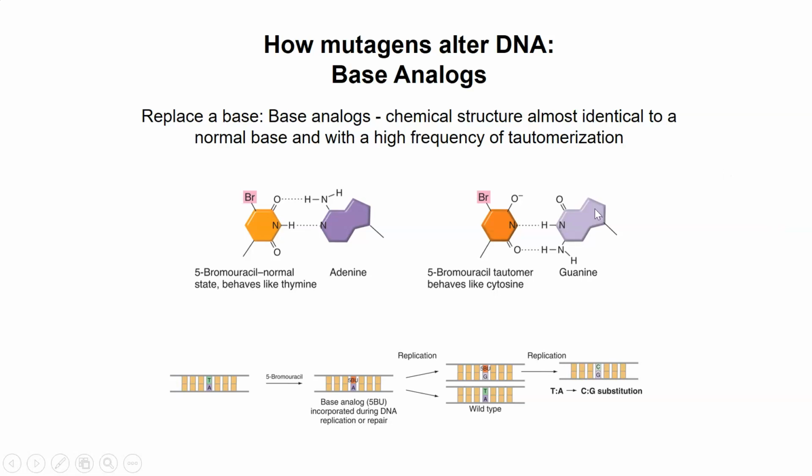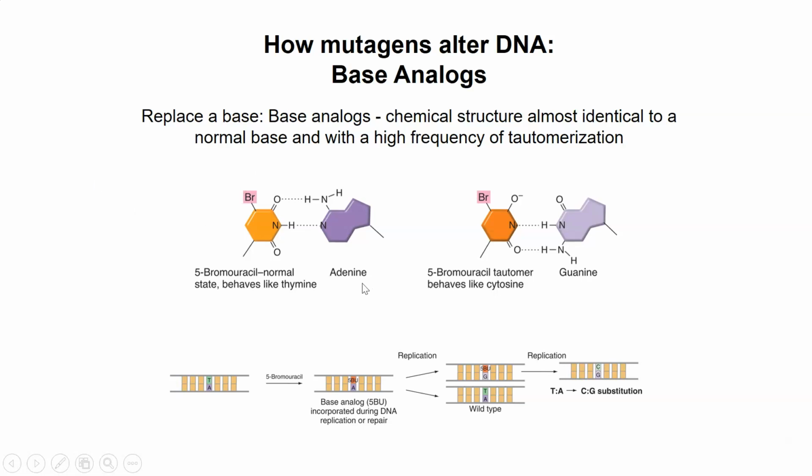Okay, so here's an example of a base analog. It's called 5-bromouracil. 5-bromouracil is an analog for thymine. So if you feed a cell or an organism 5-bromouracil, it will be incorporated into cells, and cells will use this to make nucleotides containing 5-bromouracil.